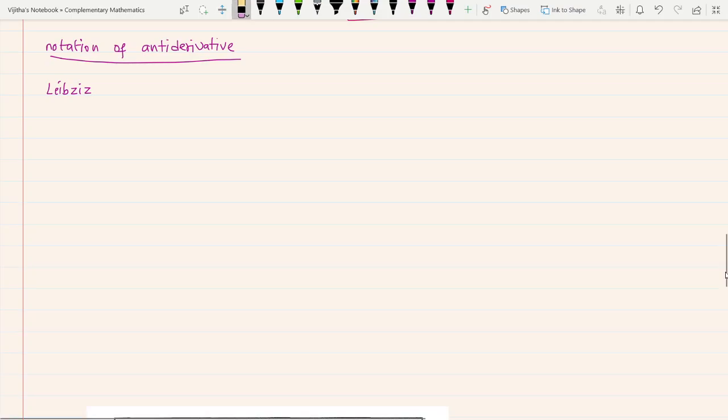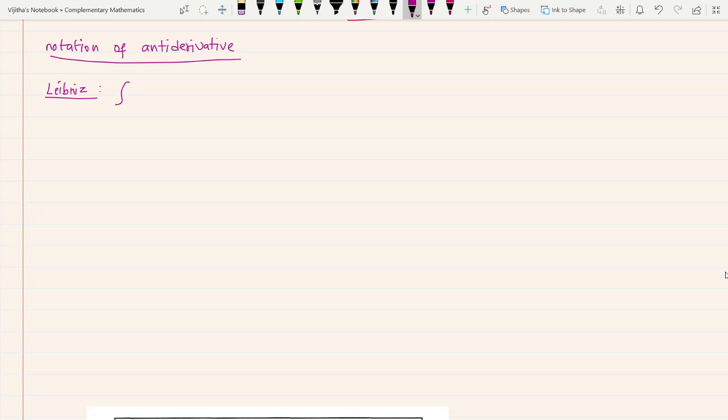Leibniz and Newton are the ones who are known as the founders of calculus, who invented calculus. Now the notation of this antiderivative is given by Leibniz and the symbol is like this.